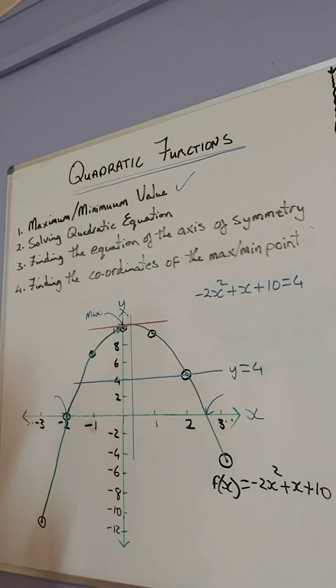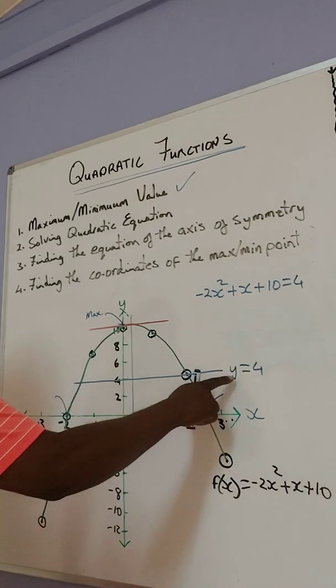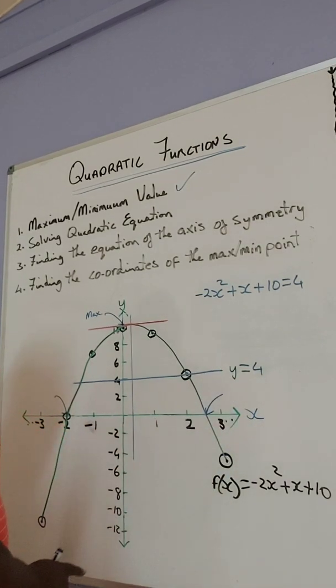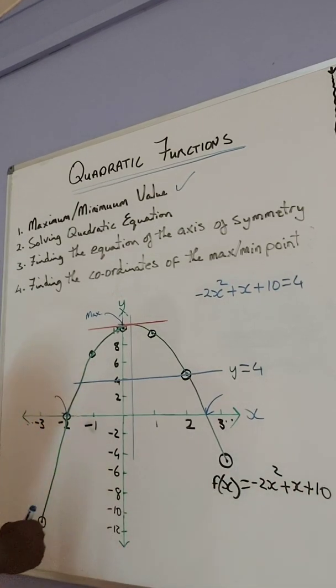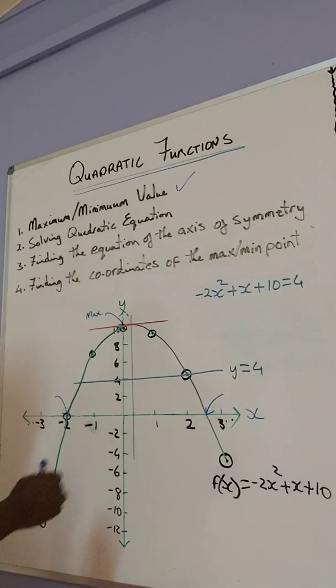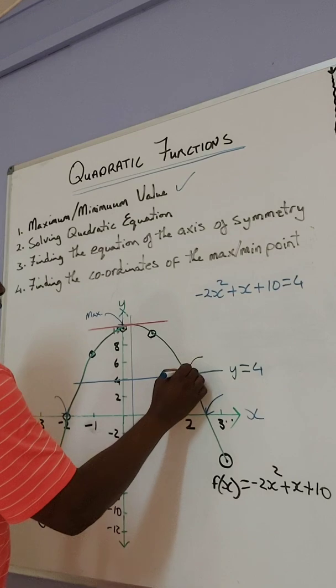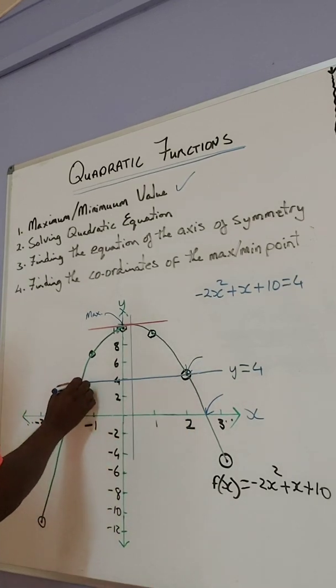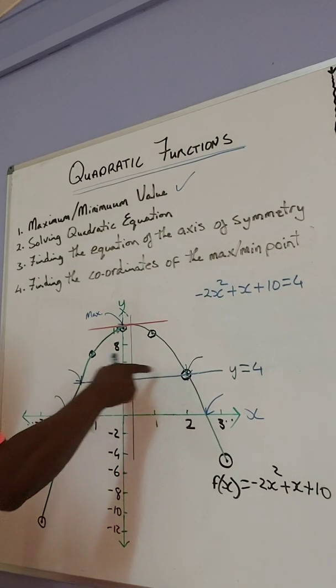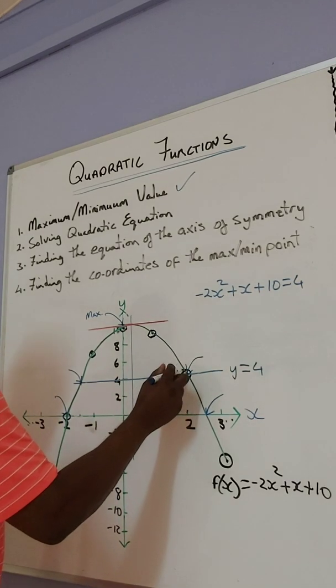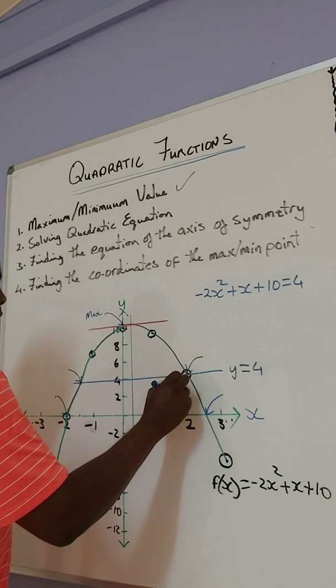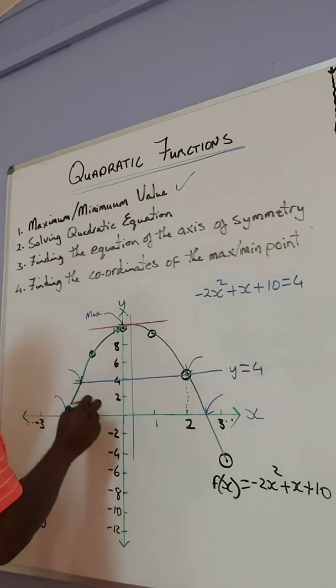To find this solution, you look for the point of intersection of both functions. That is, the graph y is equal to 4 and the graph f of x is equal to minus 2x squared plus x plus 10. Both graphs intersect at this point here and this point here. From these two points of intersection, we then drop down a perpendicular line from the point of intersection to touch the x-axis.